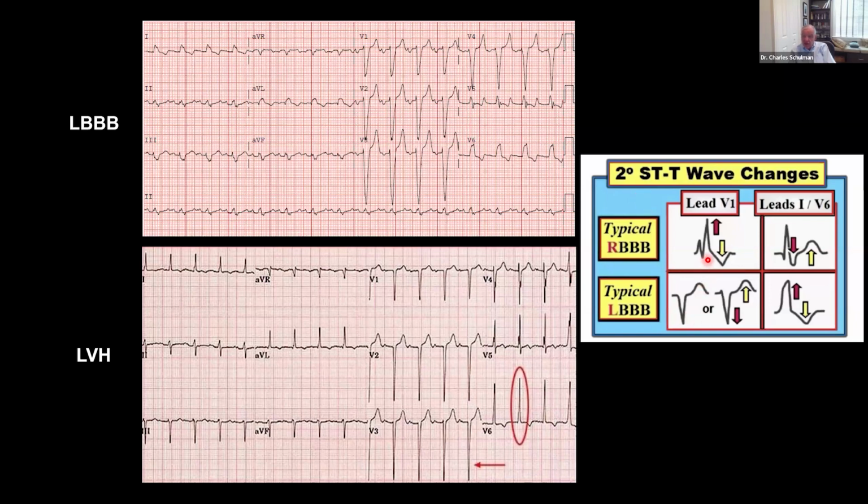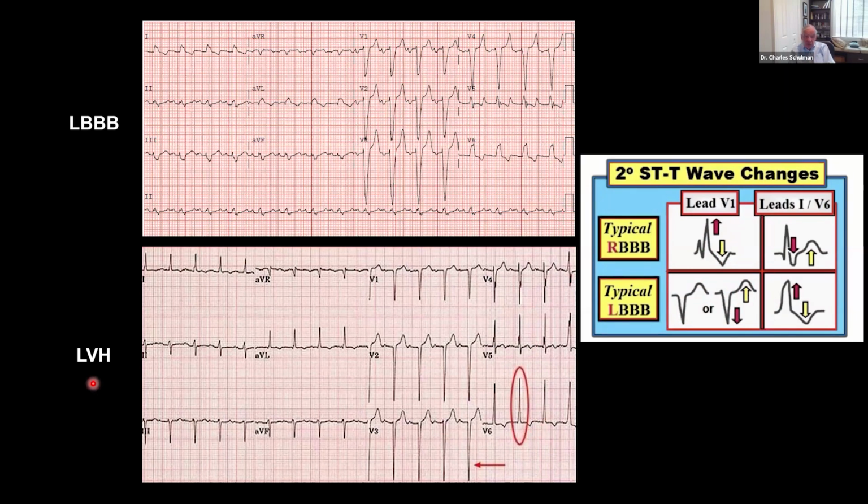If the major abnormal deflection is upright, the ST segment and T wave are negative. If the major deflection is downward, the ST segment and T wave are elevated, as shown here. So those are just secondary changes. They don't represent anything new.